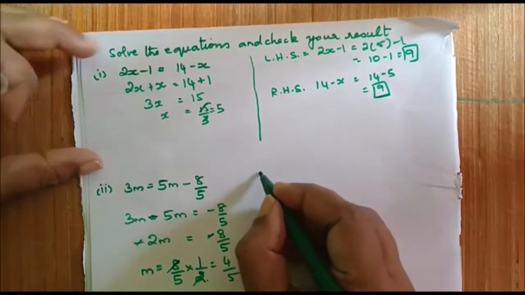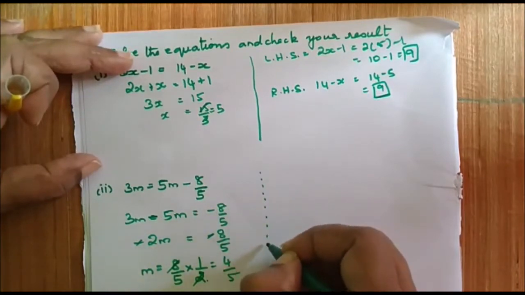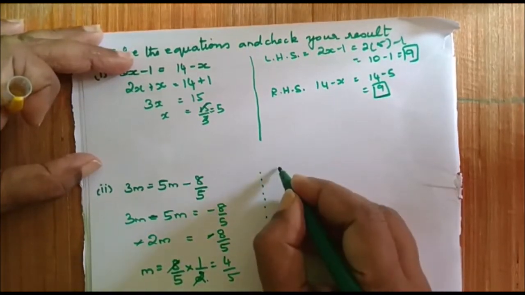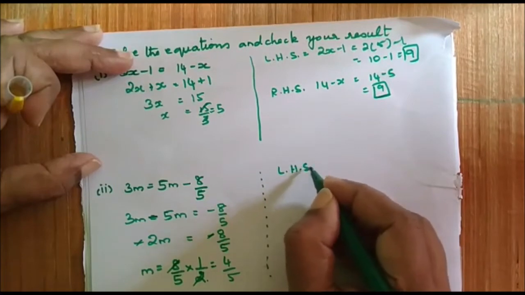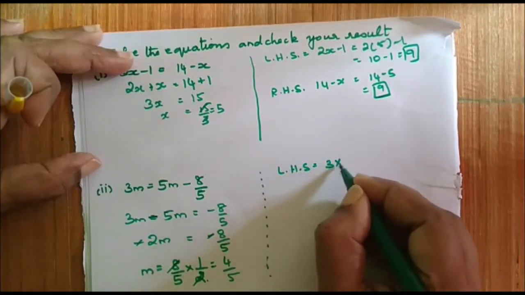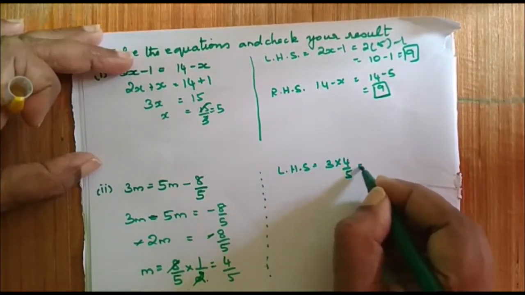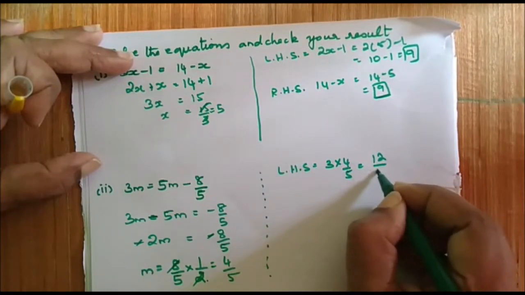Now we will substitute it in this equation. LHS is equal to 3 into 4 by 5, which is equal to 12 by 5.